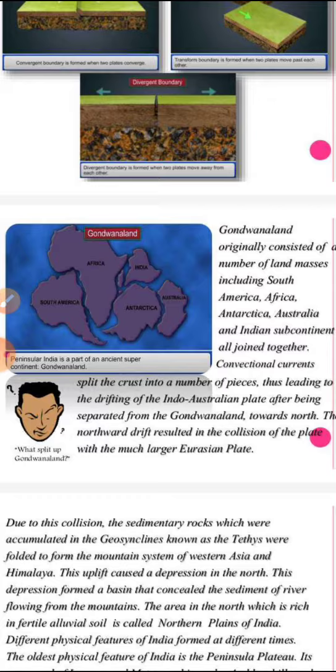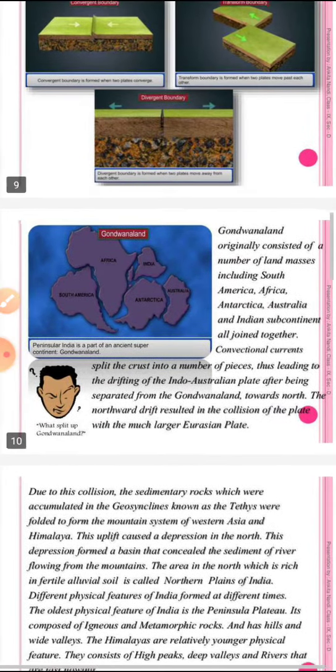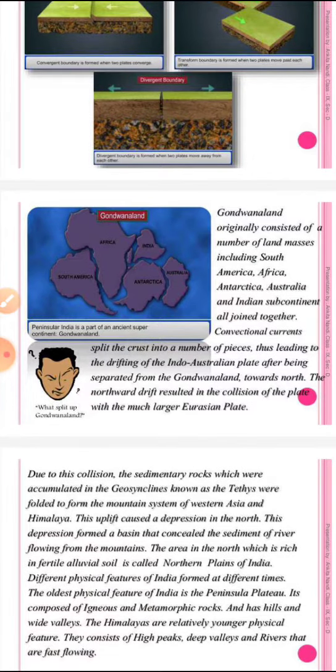Regarding the formation of plates, you might have studied in science also. As we move toward the interior of the crust, the temperature increases. There is also the presence of radioactive elements inside the crust of the earth. Due to high temperature and the presence of radioactive elements, convectional currents are forming.